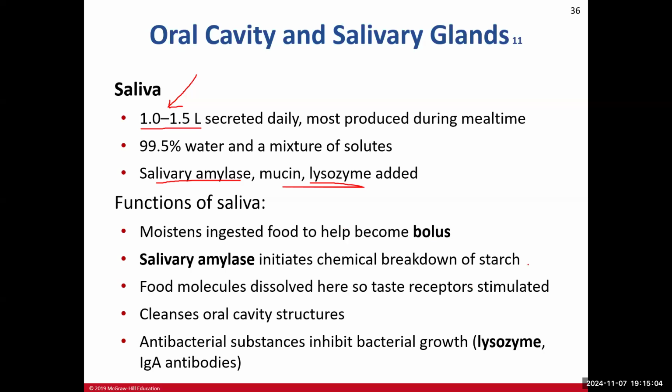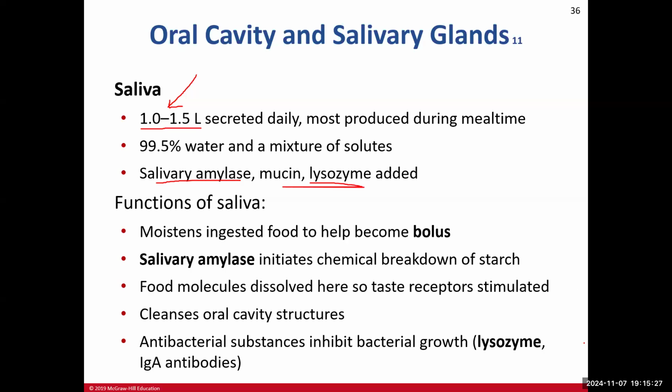So here's the purpose of saliva. As you are eating your food, you're going to take something that's solid and make it into something that's softer. So the saliva helps to lubricate whatever it is that we're swallowing, and helps to mix in the enzymes for the chemical digestion part.